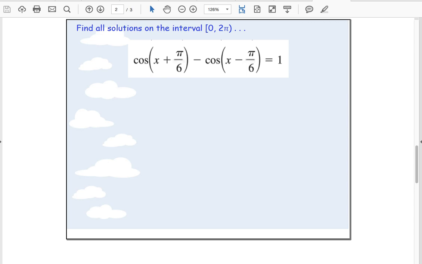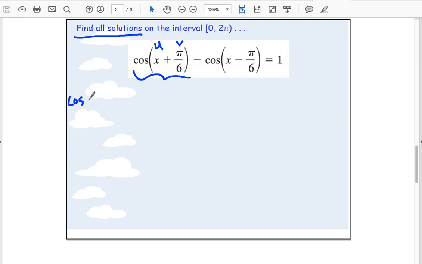Okay, very similar problem here, except this is not a verifying problem. This is a solving problem. Okay, again, we cannot distribute cosine through, so we have to treat this like a u and a v. So I'm going to use my cosine u plus v formula.